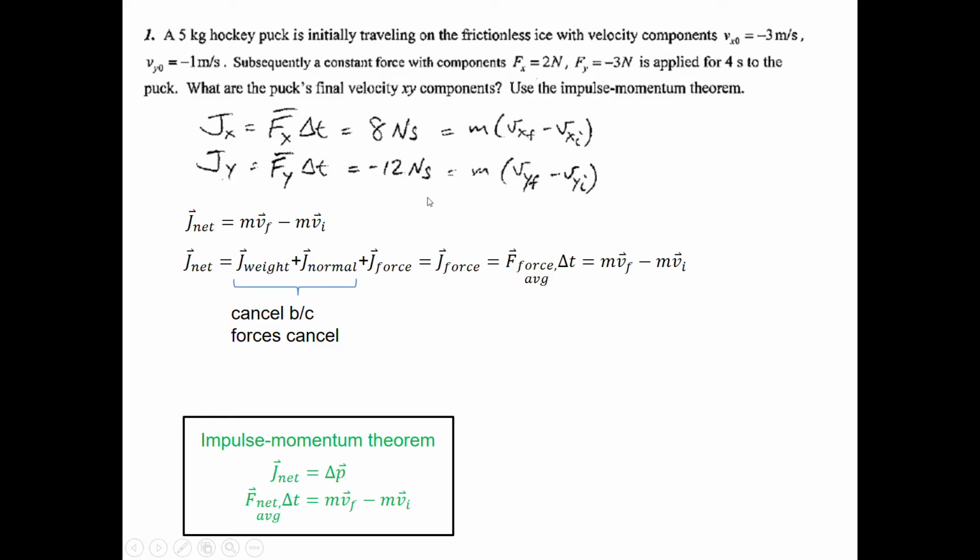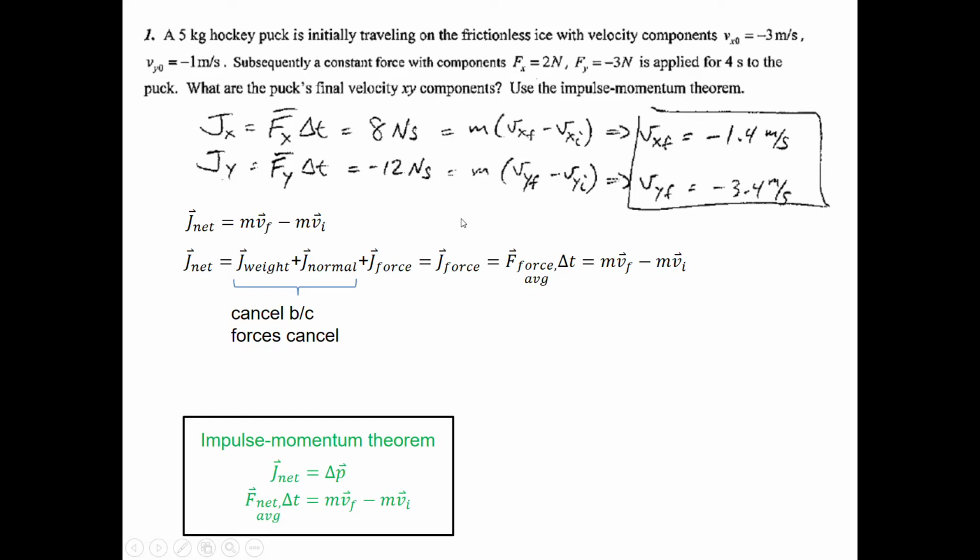And the impulse momentum theorem says that that's equal to m (vx final minus vx initial) and m (vy final minus vy initial). And we can use that to solve for Vx final and Vy final because we know the initial velocity components and we know the mass of the puck. And when we do that, we get Vx final is minus 1.4 meters per second, Vy final is minus 3.4 meters per second.